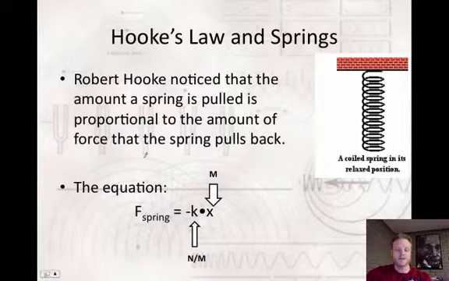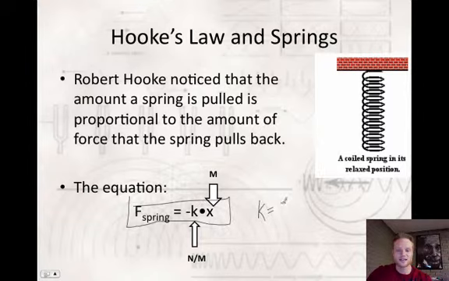Okay, so that's resonance. Hooke's law is dealing with springs, and basically Robert Hooke noticed that the amount a spring is pulled is proportional to the amount of force that the spring pulls back. The equation for Hooke's law is written right here. So the force by the spring is equal to a constant, and that's what the k is. A lot of times k is referred to as the spring constant.